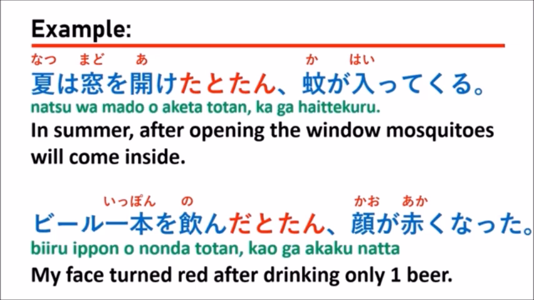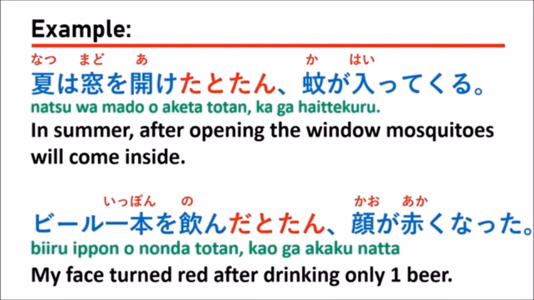So in Japanese, you can say ビール1本を飲んだ途端、顔が赤くなった。This sentence is in the past tense. Or you can say in the present simple tense, ビール1本を飲んだ途端、顔が赤くなります。赤くなる is in the present simple tense.